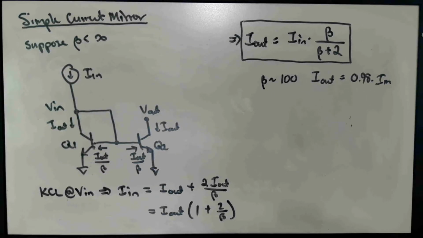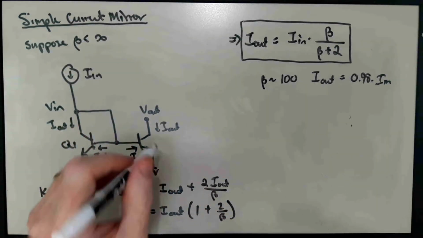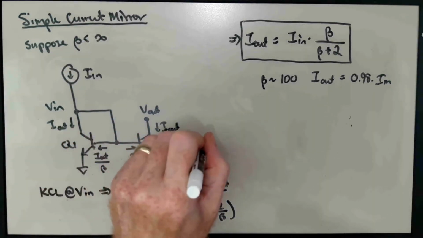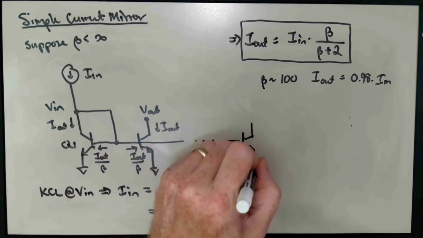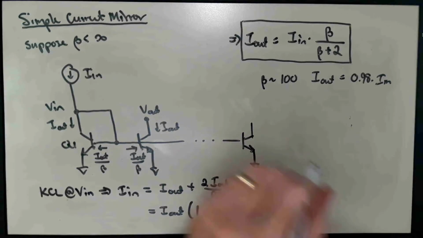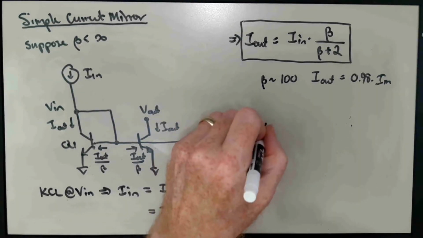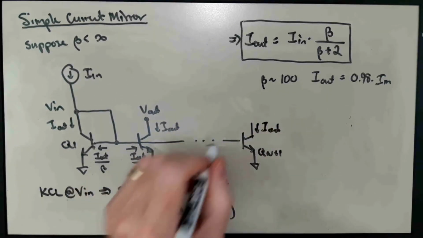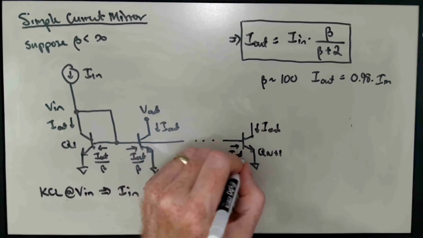What happens if we have multiple outputs? If we had our 4 transistor output or whatever. Suppose we had Qn plus 1, and the base current here was I out over beta.